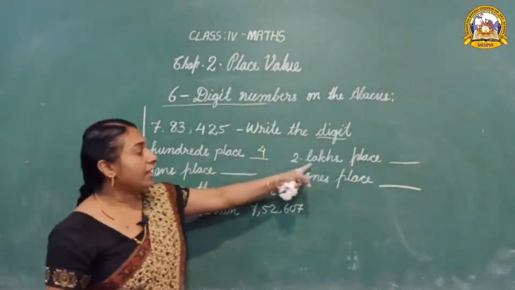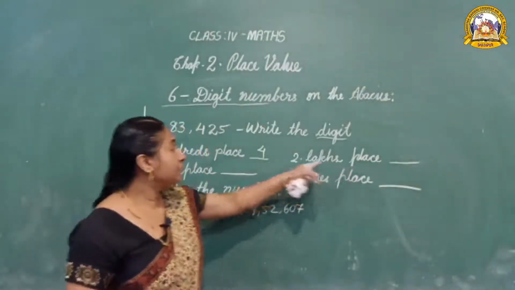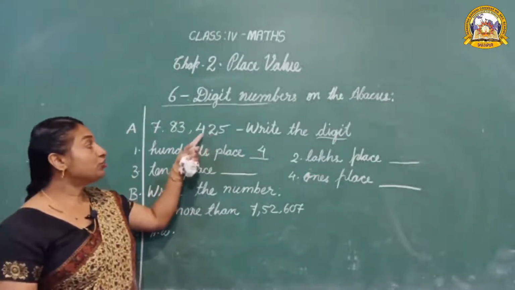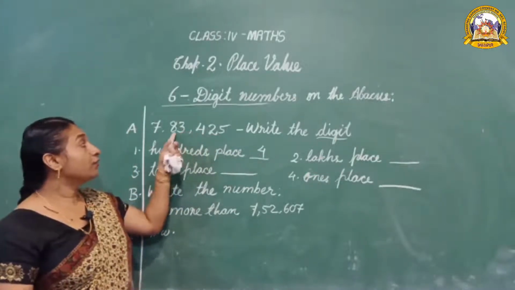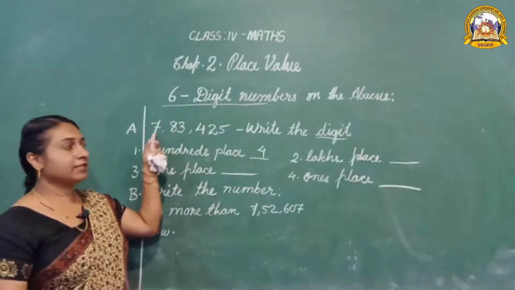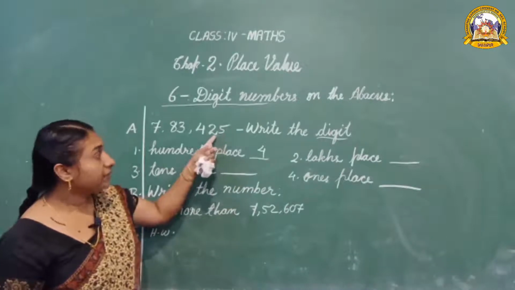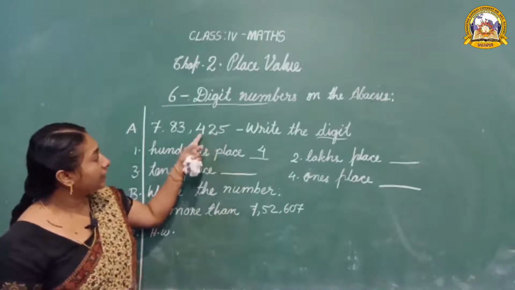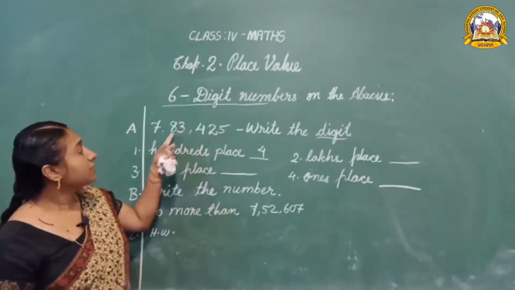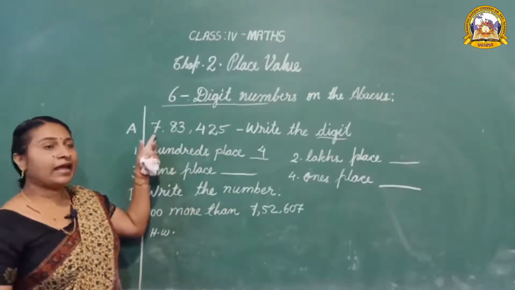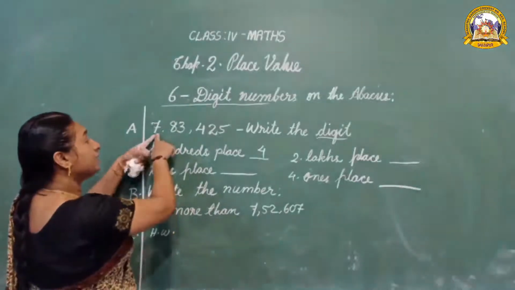Next, second, lakhs place, which is that digit? Check. 1, 2, 3, 4, 5, 6 digits are there. Check the place value: ones, tens, hundreds, thousands, 10,000 and lakh. How many lakhs are there? 7 lakhs.